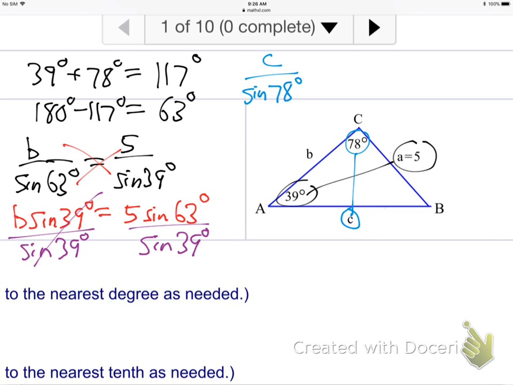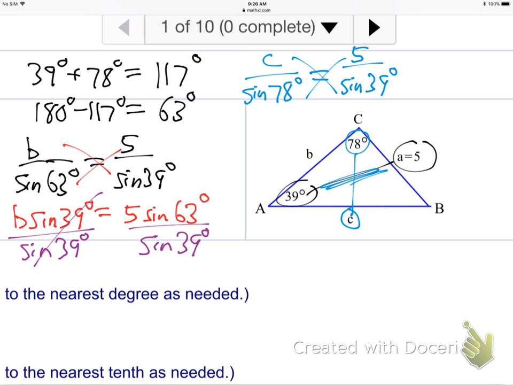That's what the law of sines says. Equals, now which pair am I going to set it equal to? I want to use two other ones where I have both numbers. Well, I'm going to do the A thing again: 5 over the sine of 39. So I just go side over the sine of the angle across from it, same thing as we did for B.